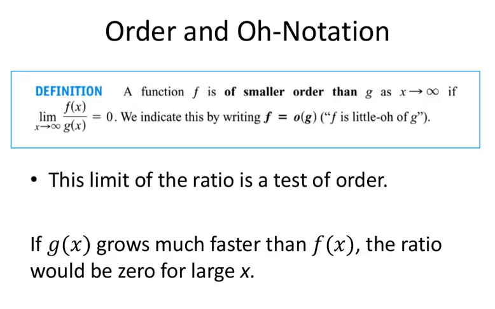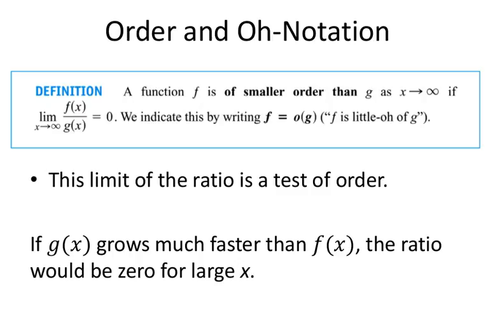This limit of, as x goes to infinity, of f of x over g of x, if that is equal to 0, then f is little o of g, which means that g will grow larger quicker than f would.